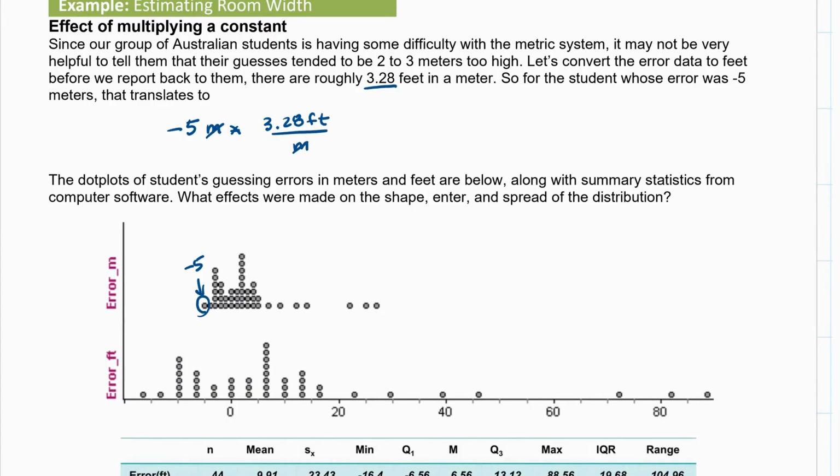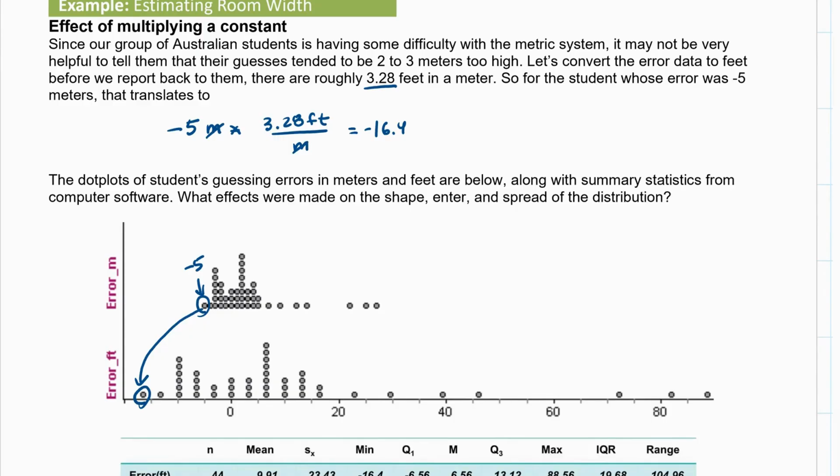The meters cancel, and we end up getting -16.4. So again, in the transformation of data, each point in one data set transforms into exactly one point in the other data set.